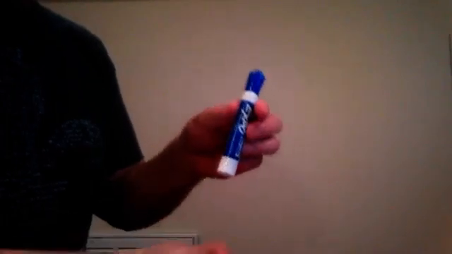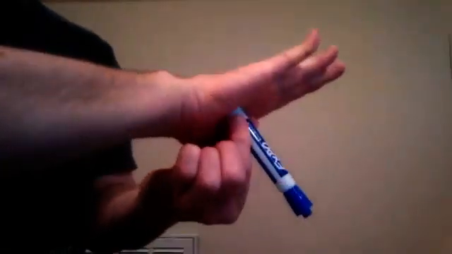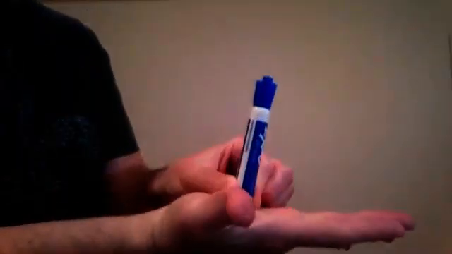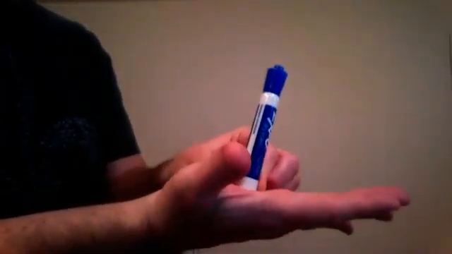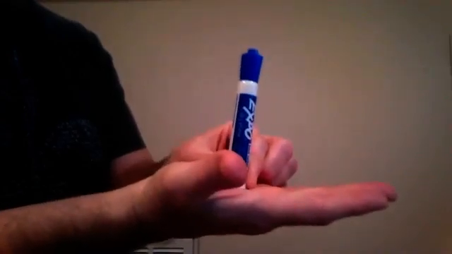Because your palm is always going to be perpendicular to the plane of your thumb and fingers when you hold them in a single plane. So this is what we're doing. R, F, torque. That's our right hand rule.